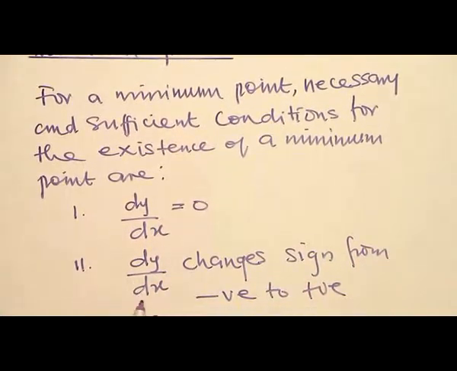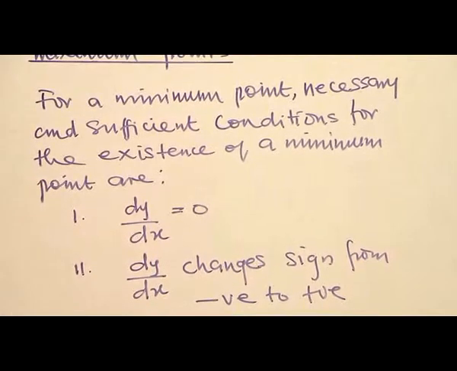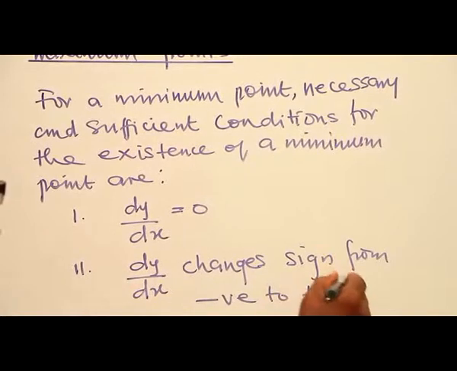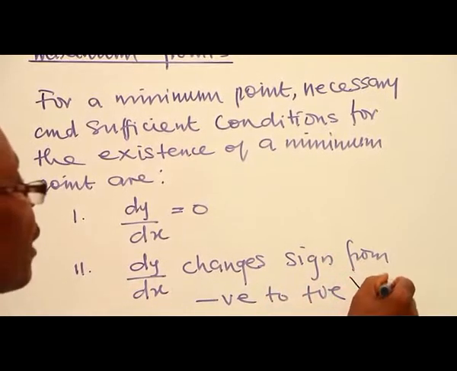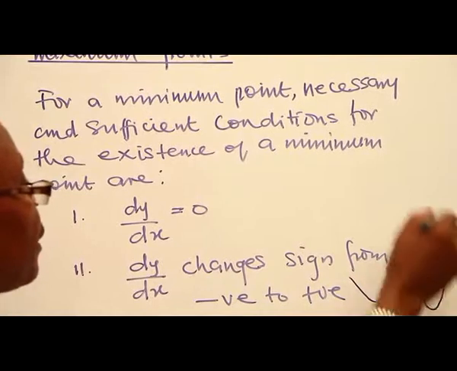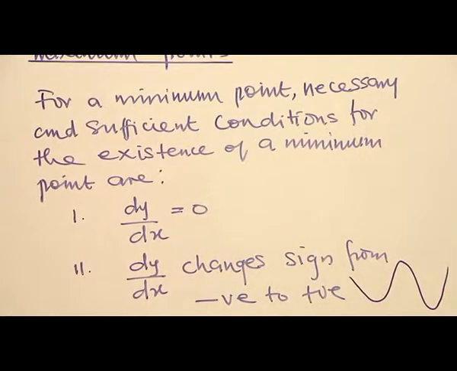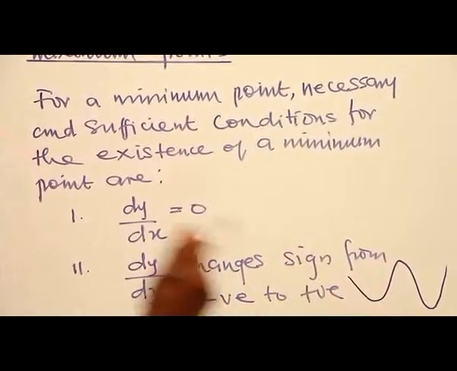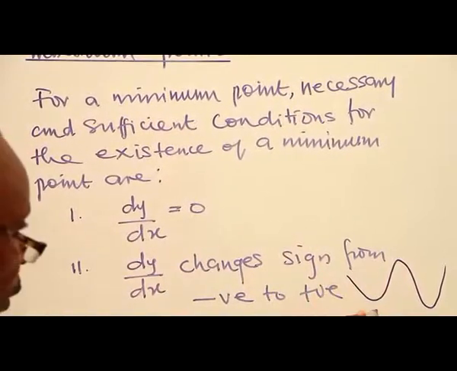Your dy over dx changes sign from negative to positive, falling to rising. So you must be able to determine that, for it to be a minimum point, it must fall and rise.